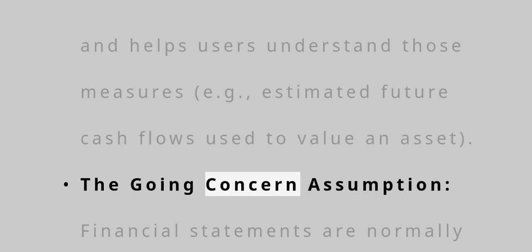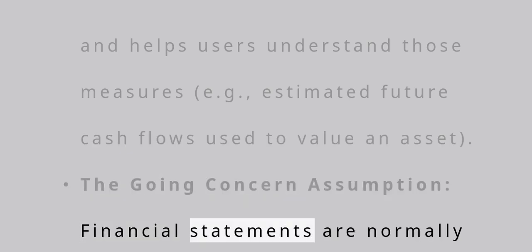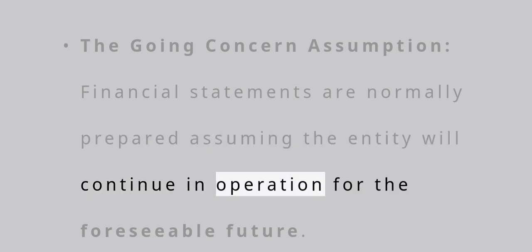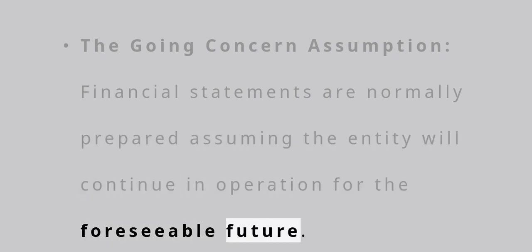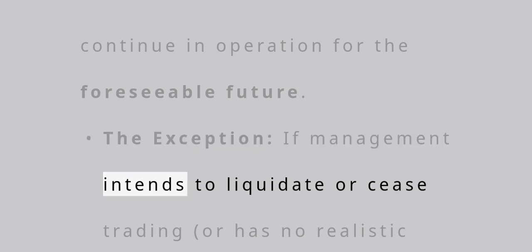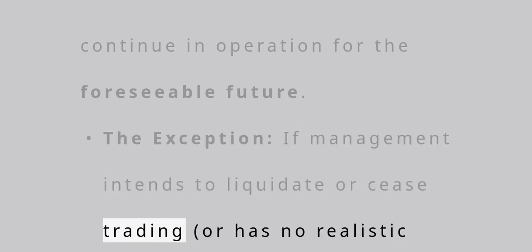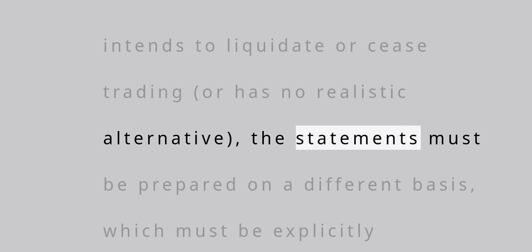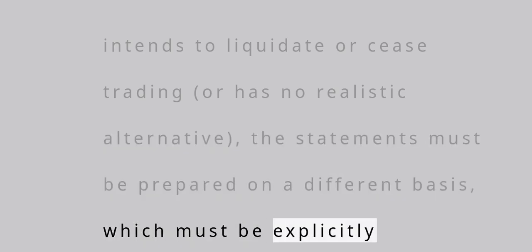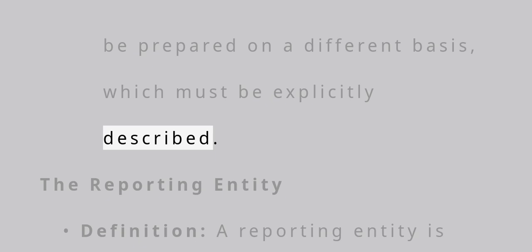The going concern assumption: financial statements are normally prepared assuming the entity will continue in operation for the foreseeable future. The exception: if management intends to liquidate or cease trading, or has no realistic alternative, the statements must be prepared on a different basis, which must be explicitly described.